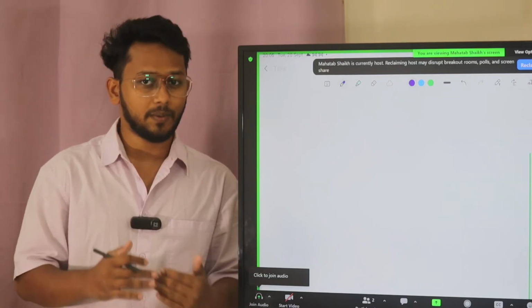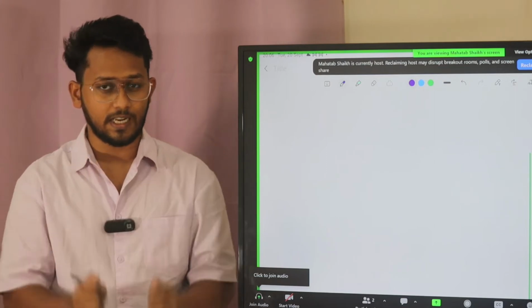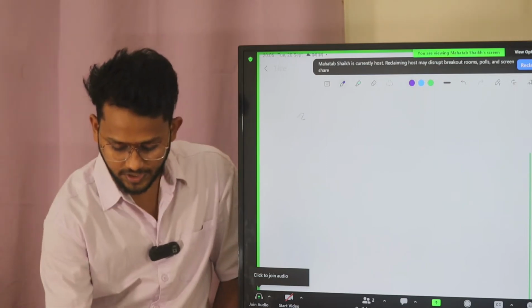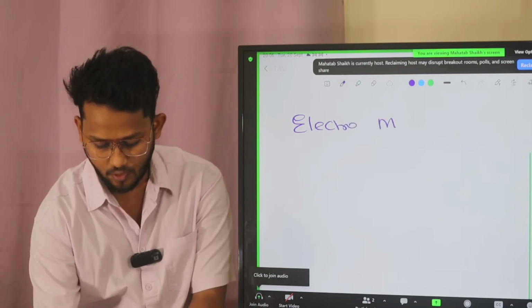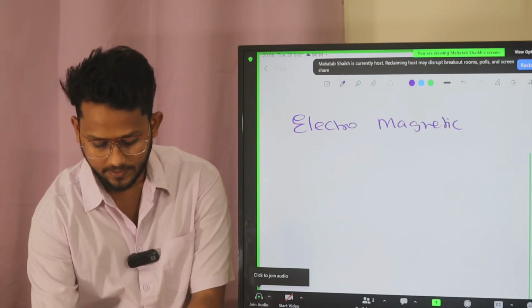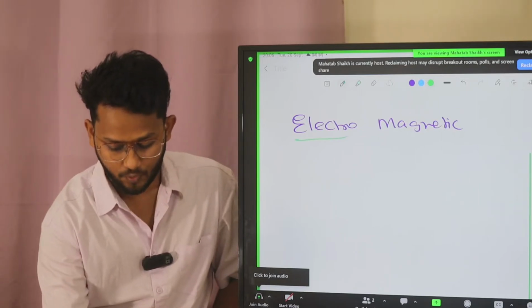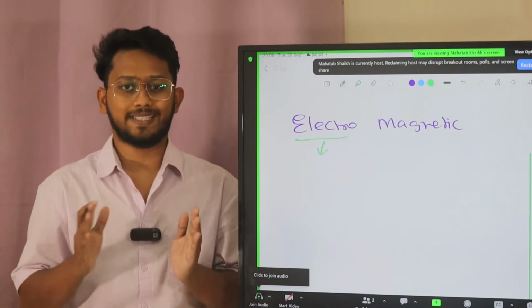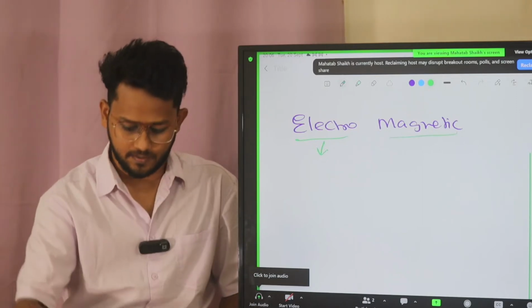That's what we will be discussing today in a little more detail. Now let's focus on electromagnetic forces. It is made up of two parts, electro and magnetic. So in today's class we'll be discussing the electro part, which is electrostatics, and magnetic basically deals with magnetism.